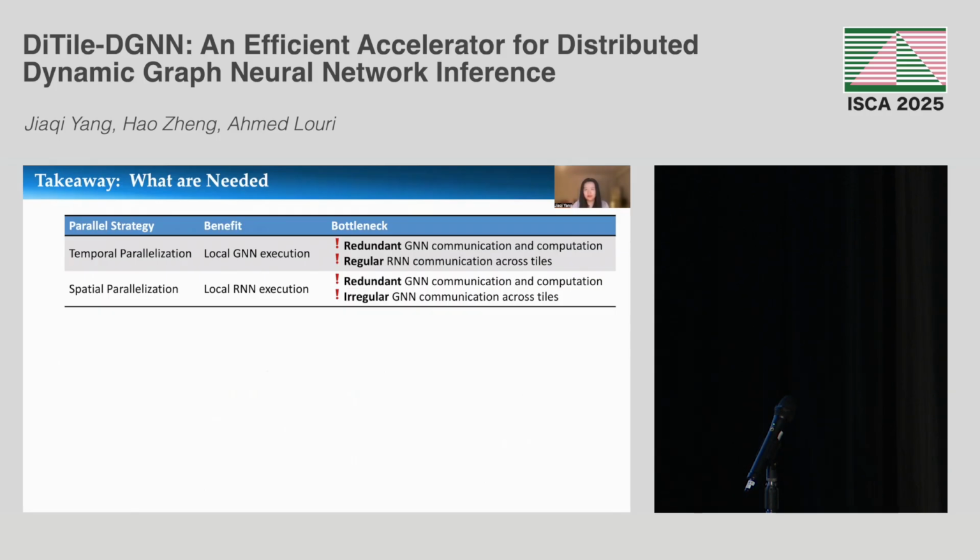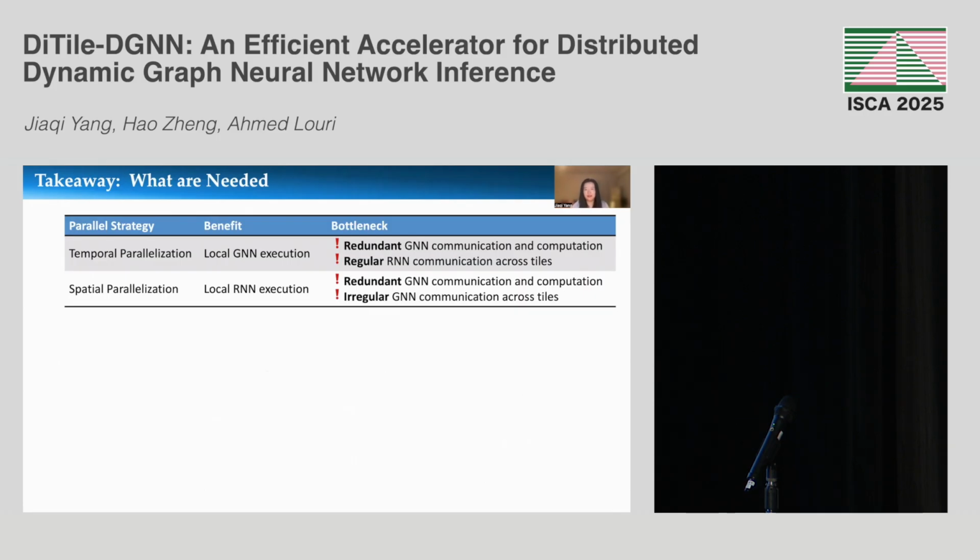Spatial parallelization enables local RN execution, but also suffers from redundant GNN communication and computation, and irregular cross-tile communication during the GNN aggregation. In both cases, the key bottleneck is redundant communication and computation, and high cross-tile communication overhead.